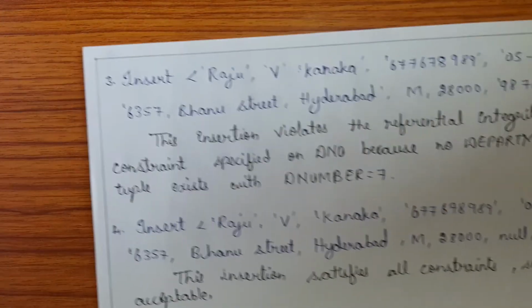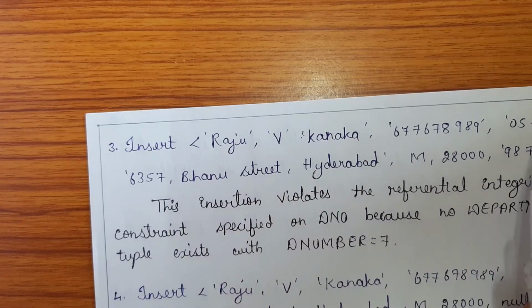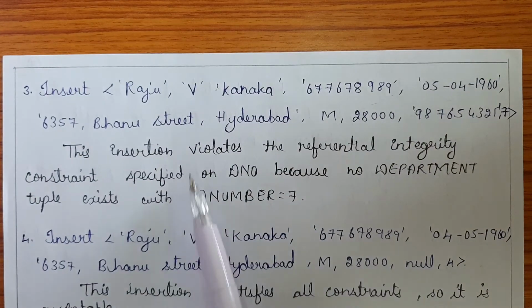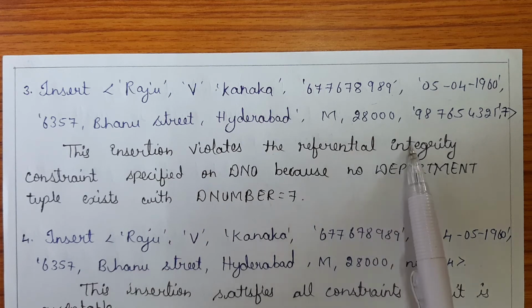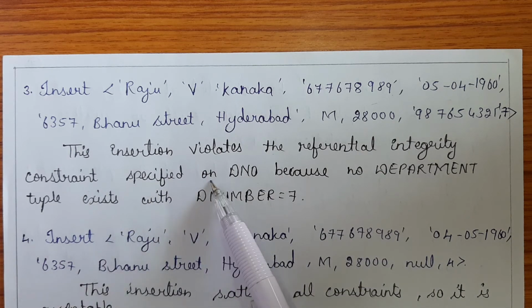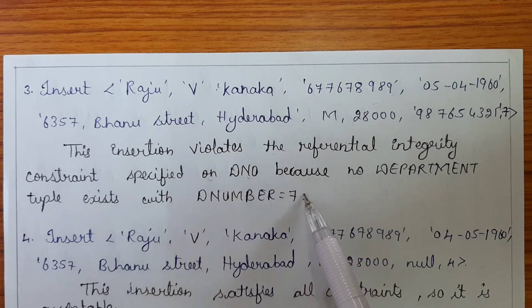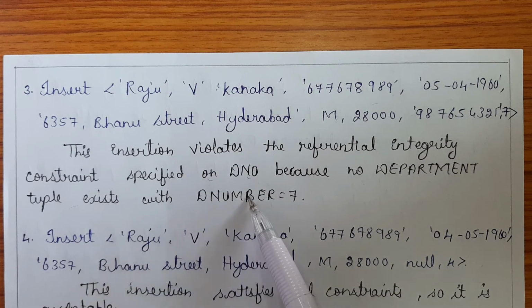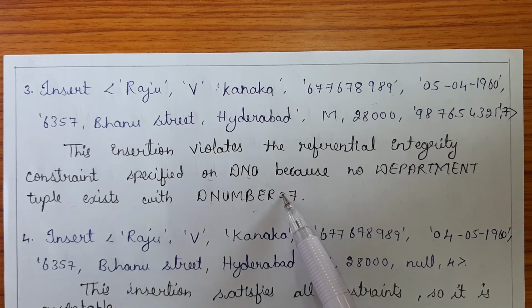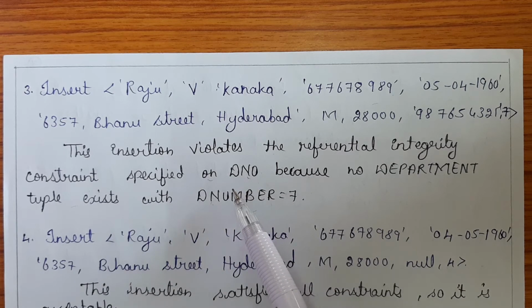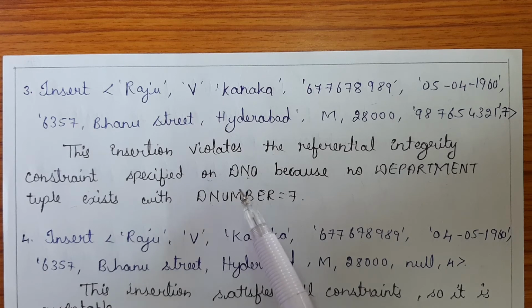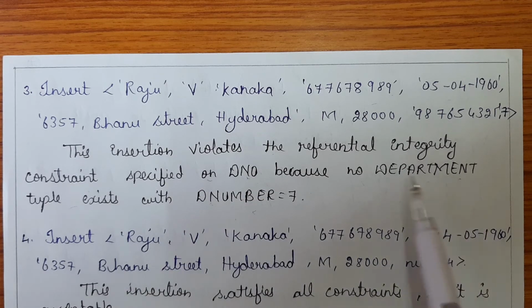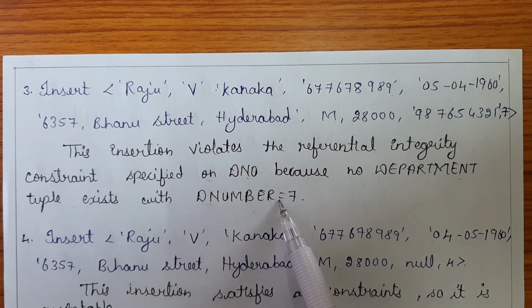Next example. Here we have taken some details and inserted values. This insertion violates the referential integrity constraint specified on department number, because no department tuple exists with department number 7. So this is the referential integrity constraint violation. That means the department table exists, but when we referred to department number 7, it is not present at all.